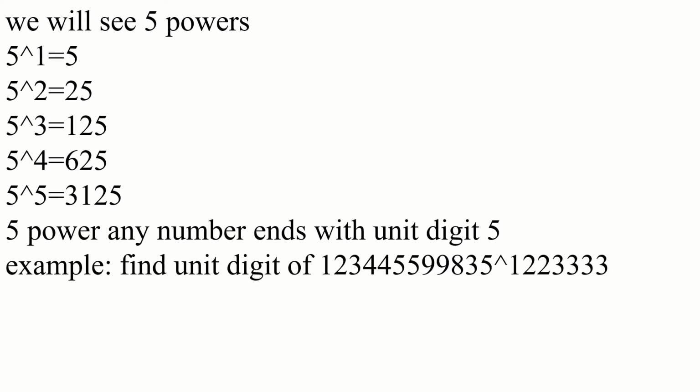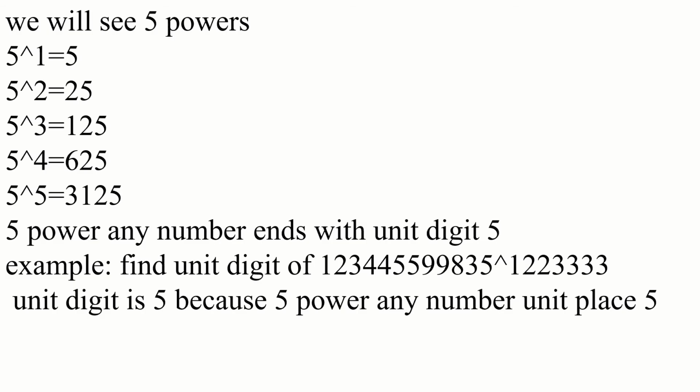Suppose this is a question. Here, a number with some powers, like 1, 2, 3. You don't have to bother about the power. If the unit digit is 5, you can simply say that this result also has a unit digit of 5.